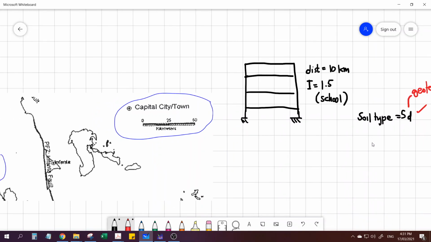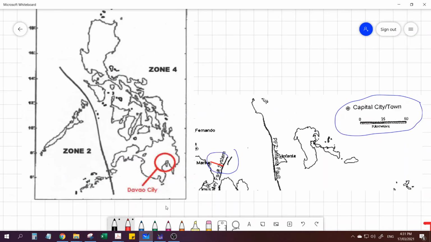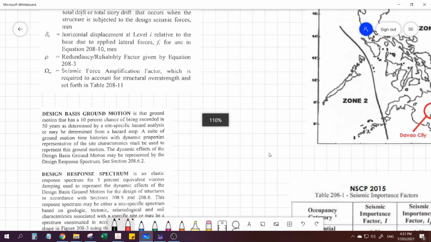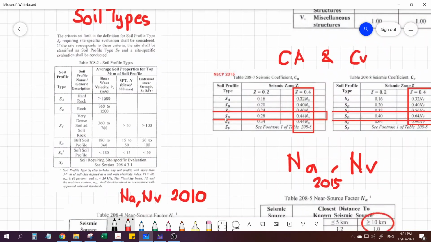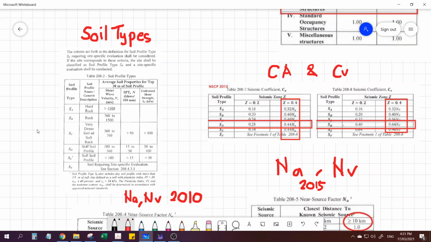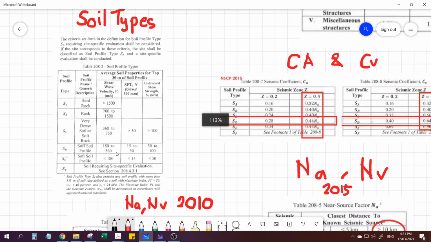Okay, next, I have here the other tables that you will need. So as a geotech, normally they refer to this table. So what's the basis for SD, soil type?